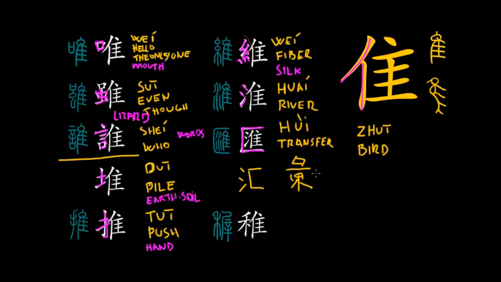And it means basically the same thing. It means to store something, and it can be found in words like 词汇, which is basically vocabulary. Same tradition, same simplified, but two different traditional characters for that.